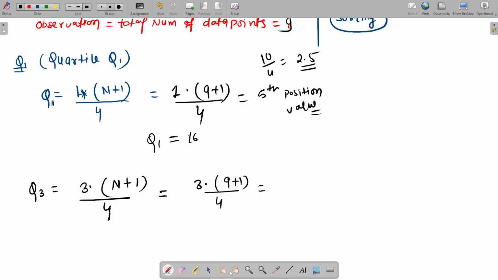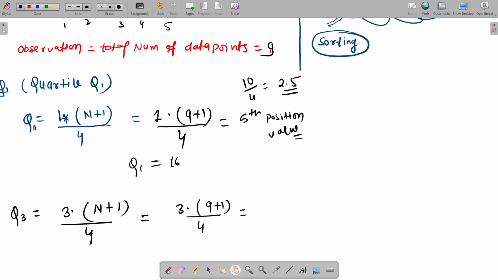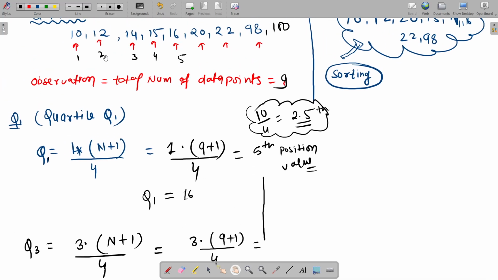So now this is becoming a little bit complex, but still I will explain these things. So 2.5 position means first we will write the second position value. So the second position value is 12, then plus 0.5 of the third position value.